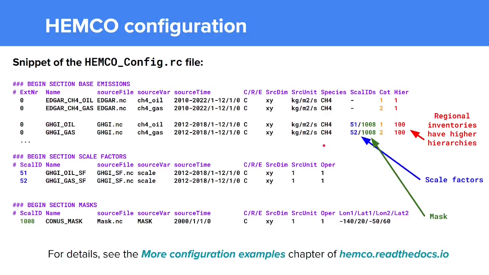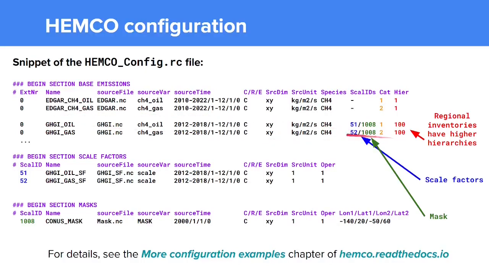Now, in some cases, you may have an emissions entry that needs to be multiplied by either a scale factor or a mask or both. So in this case, we're multiplying by these scale factors in blue. We're going to mask it to only include the area of the continental United States, and we're going to specify the category and hierarchy.